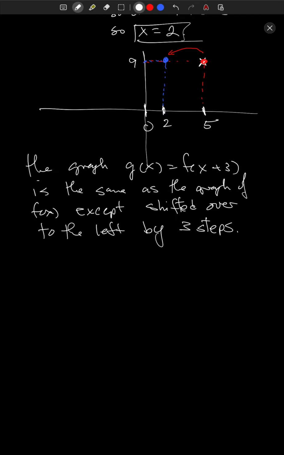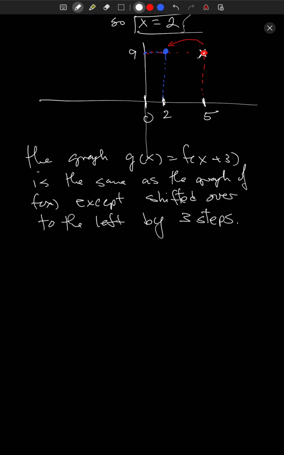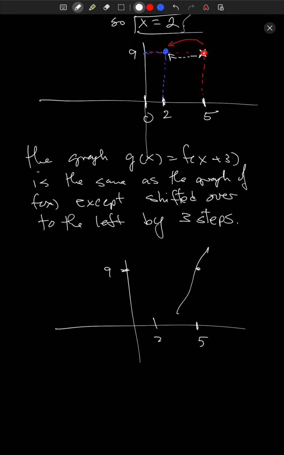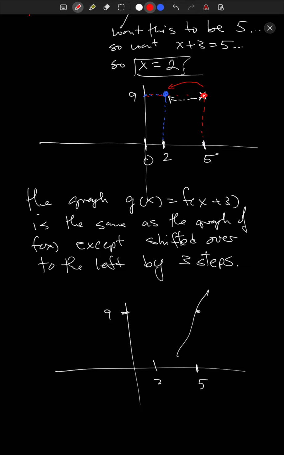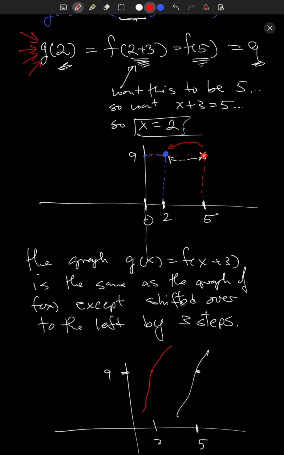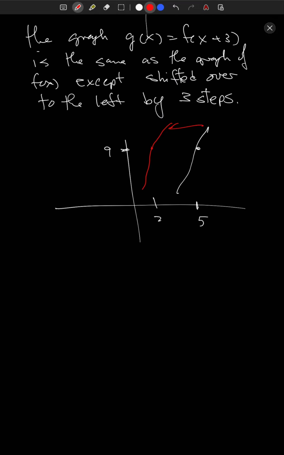All right. So that's exactly what happened in this picture here. Okay, so for example, let's say the graph of f looked like that, here's 9. Then the graph of g would have to look like exactly the same thing, except shifted to the left by 3 steps.